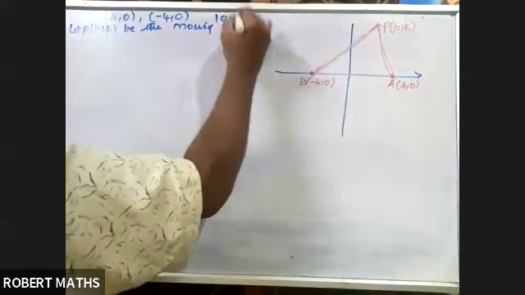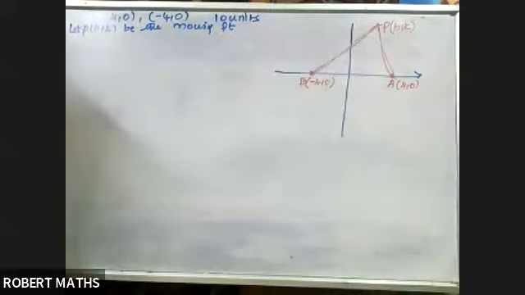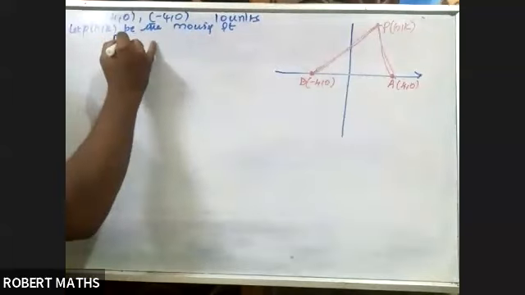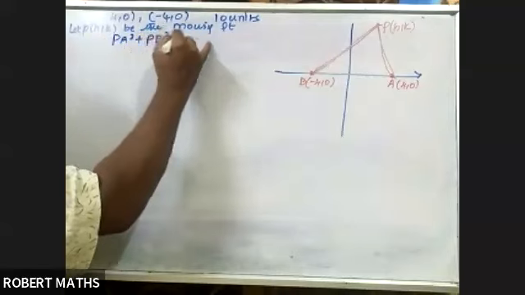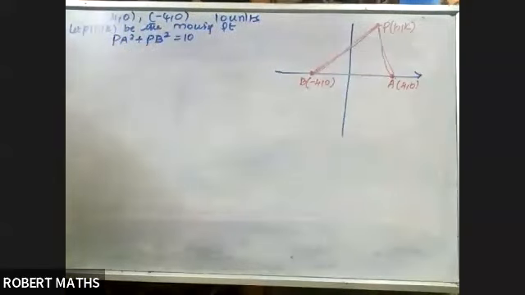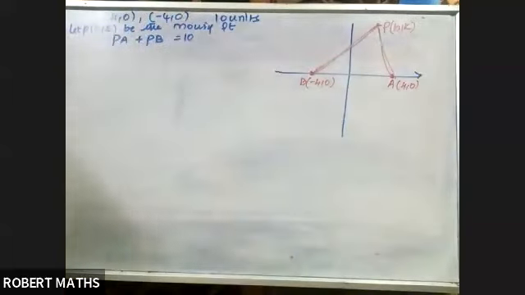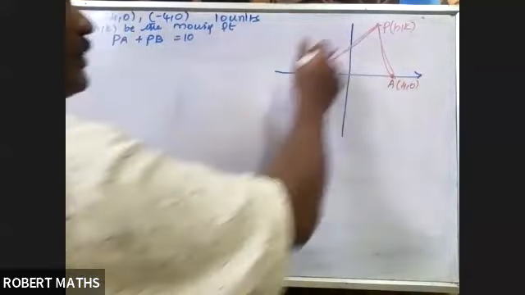Therefore, according to the condition, PA plus PB equals 10.